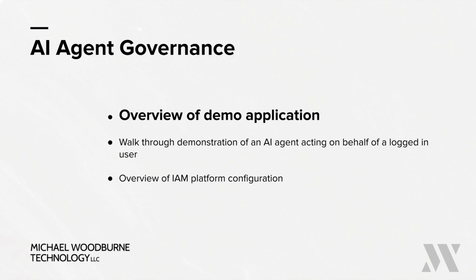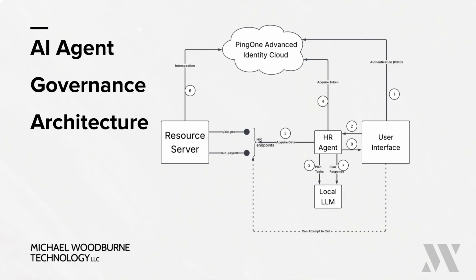This simple setup is what allows us to provide governance around our agents while following the principle of least privilege. Before we begin our demonstration, I will provide an overview of the architecture of our solution.